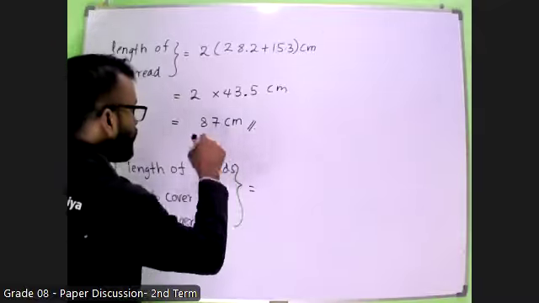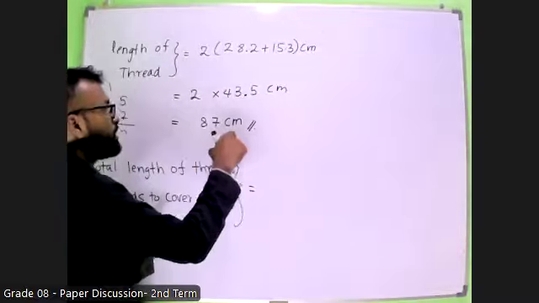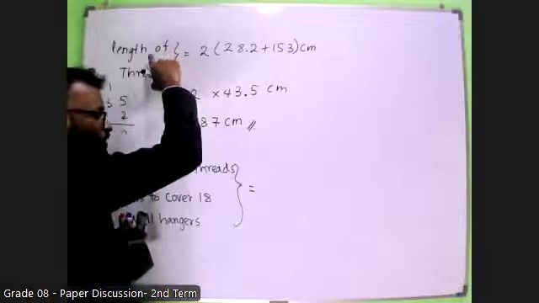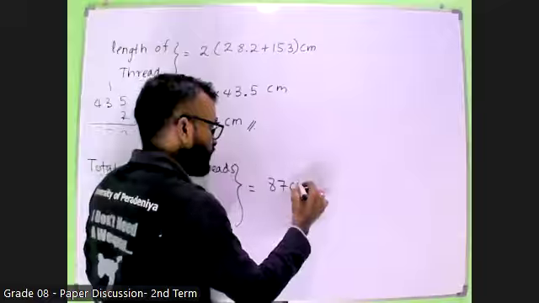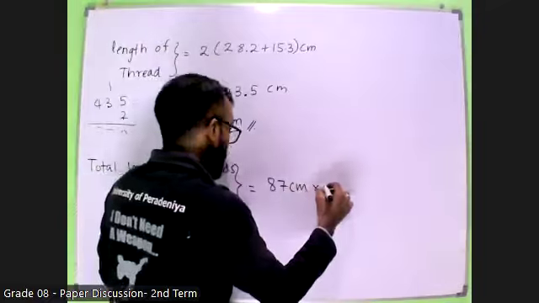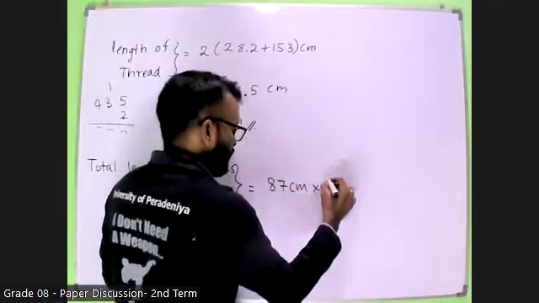Right? So 87 centimeters is needed for covering one wall hanging. So we need to multiply this 87 centimeters by 18.